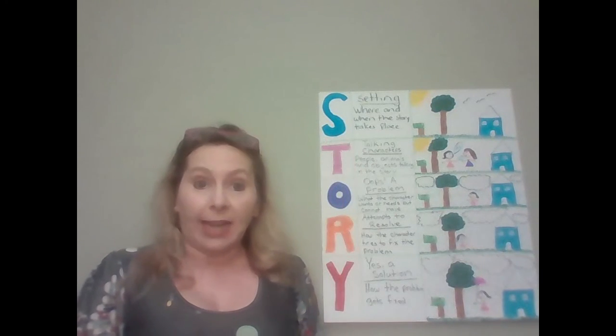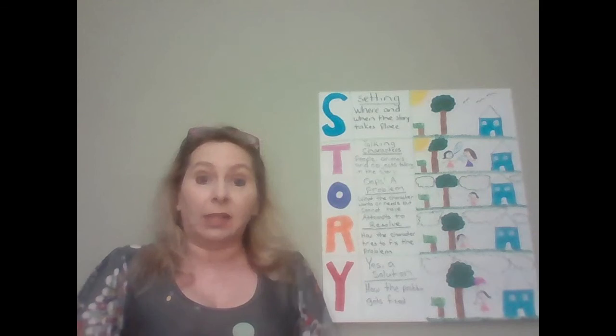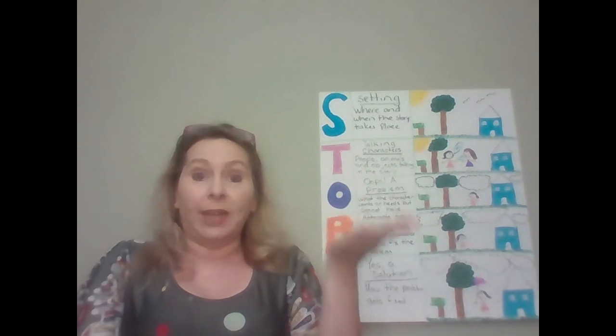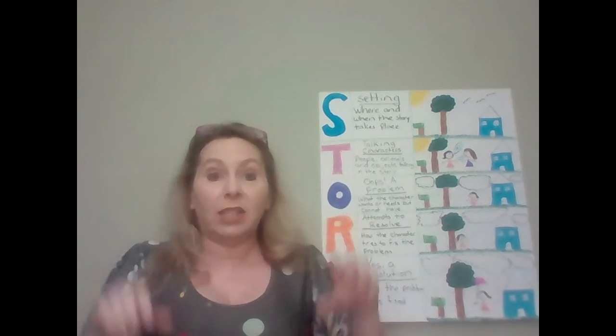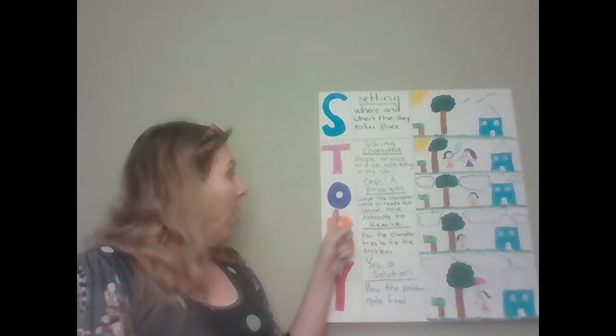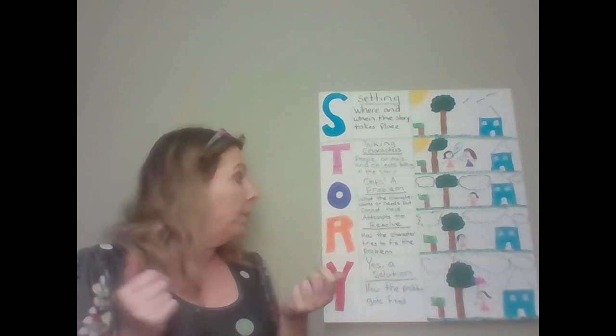S is for setting. Setting is where and when the story takes place. T is for the talking characters, the people, the animals, or the objects that talk in the story. O is for oops, a problem.